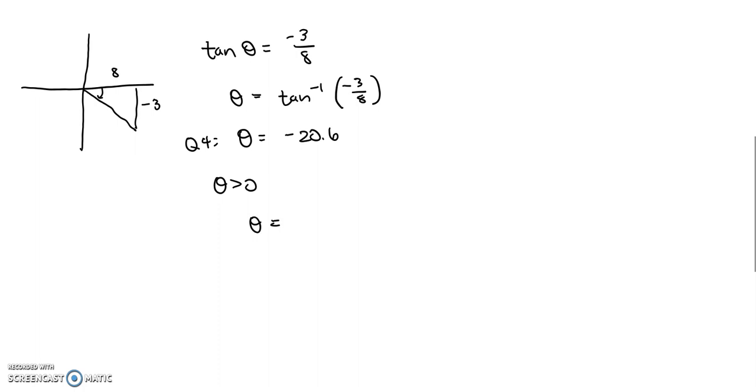So you would either do -20.6 plus 360 if you're thinking of it in terms of coterminal, or you would do 360 minus 20.6 if you think of this in terms of the reference angle. If you look, it's the same thing. Okay, so when we do that, we get 339.4, I think. Okay, they come out to be the same thing.